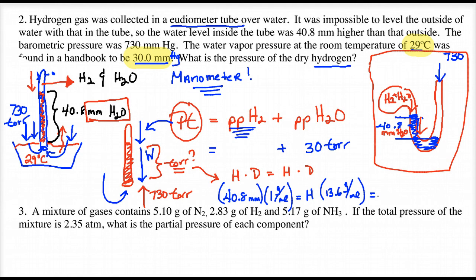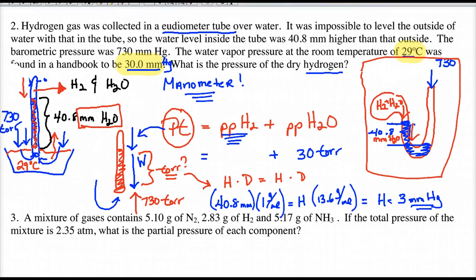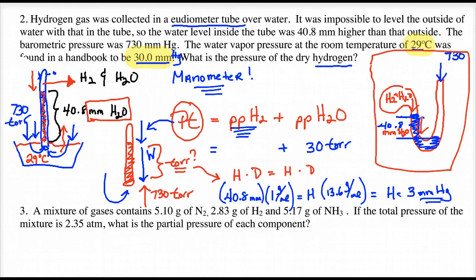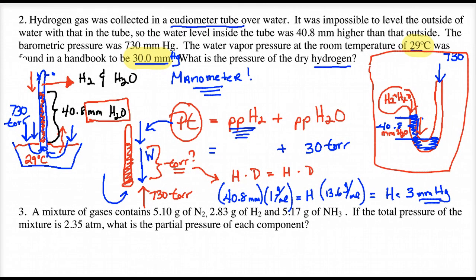So in any case, we've dealt with this before, 40.8 divided by 13.6, and what I get is the height for mercury would be 3 millimeters of mercury, okay, which we should know is another way to measure torr. So that's 3 torr.